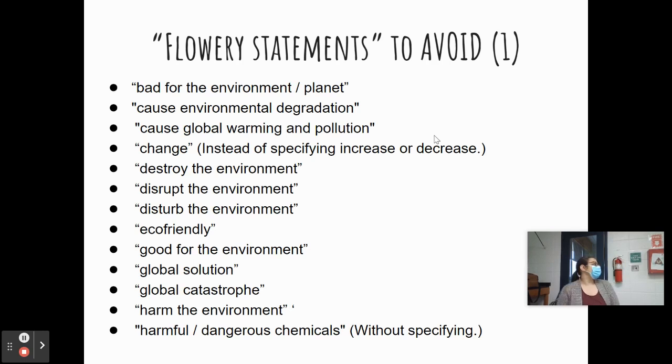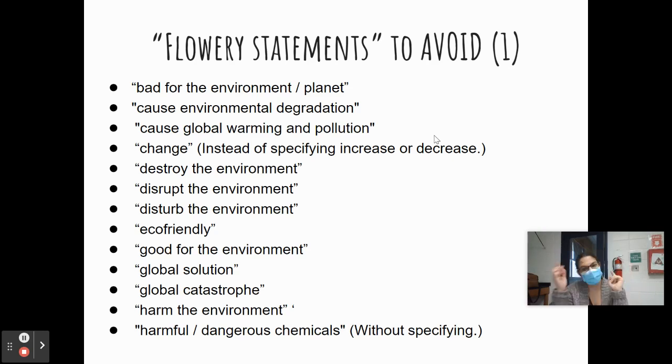So, avoid all of these statements. Bad for the environment. Okay, really? But what specifically? This is AP environmental science, not 4th grade science class. Cause environmental degradation. How? Cause global warming and pollution. Okay, well, global warming and pollution are completely different.